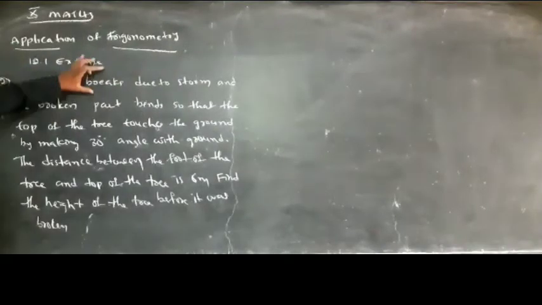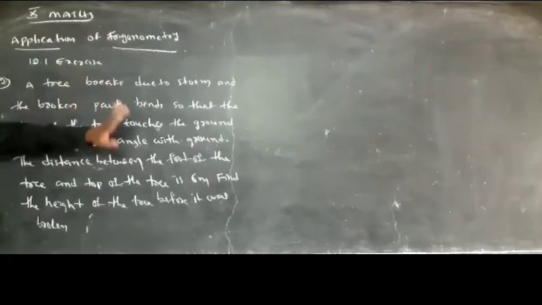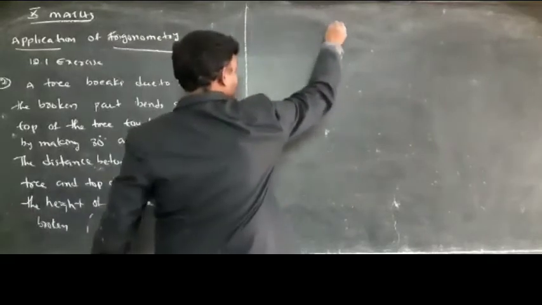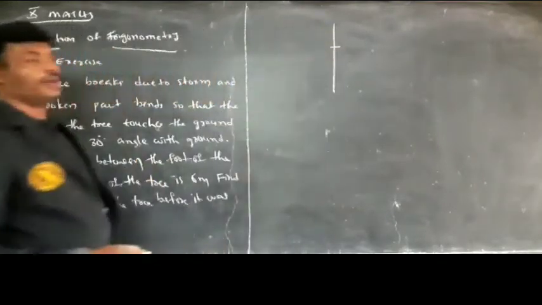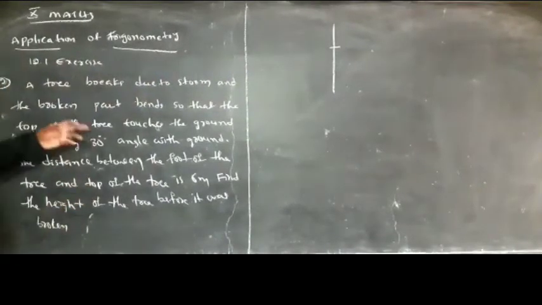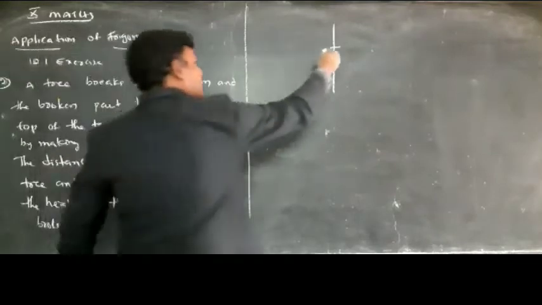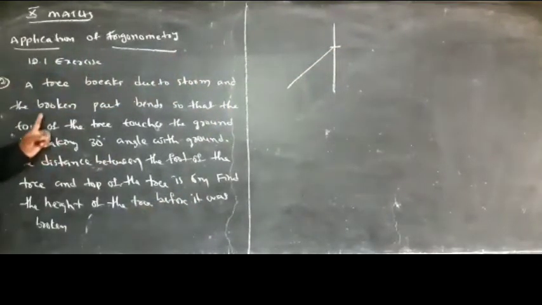A tree breaks due to storm and the broken part bends so that, for example, here is one tree. It breaks due to storm and the broken part bends so that the top of the tree touches the ground.